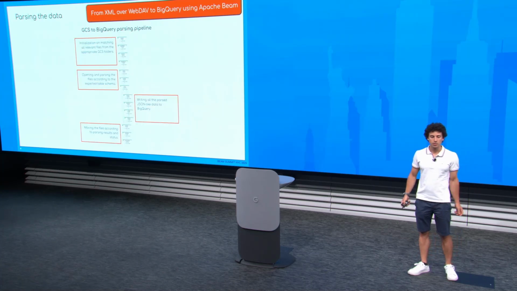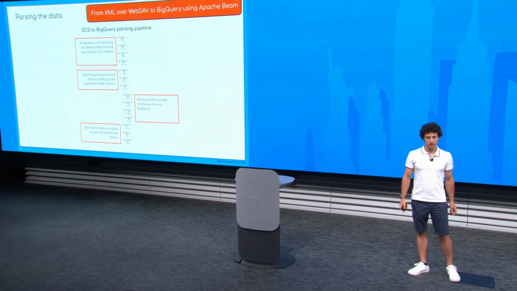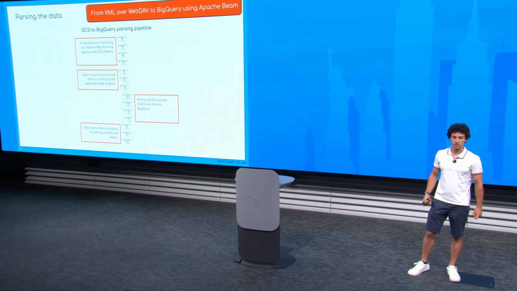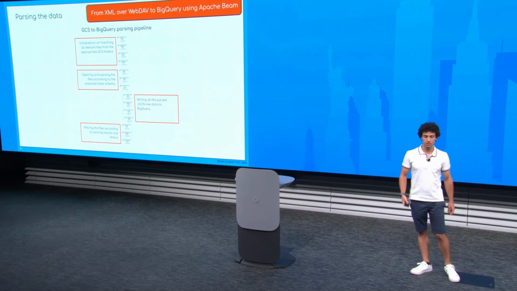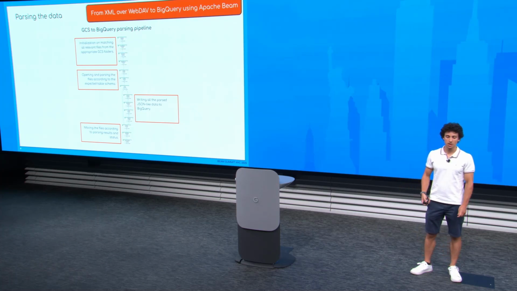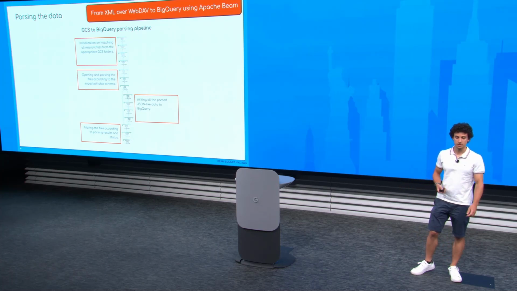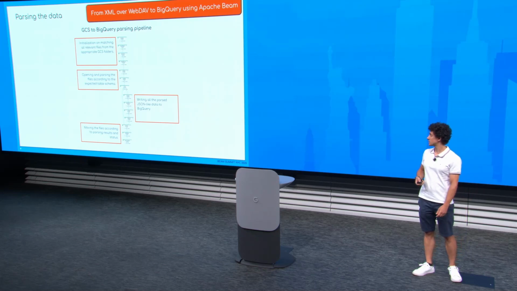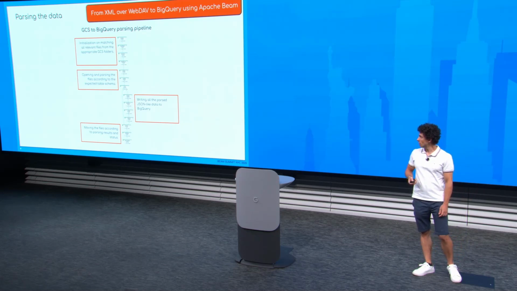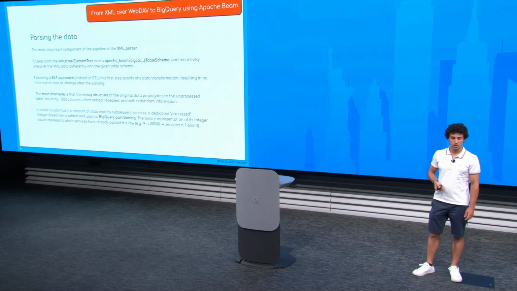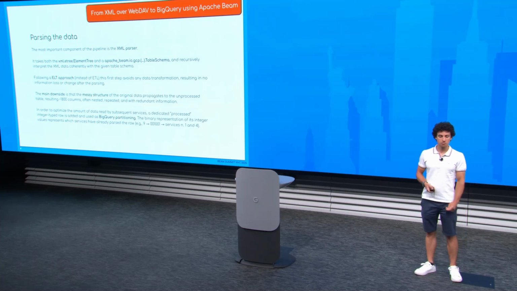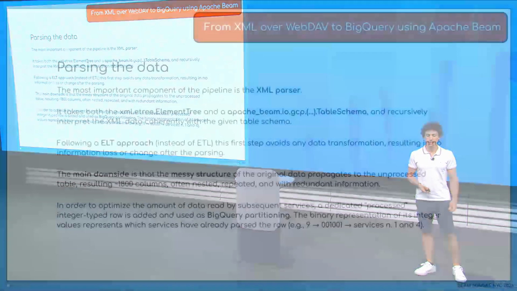So the pipeline is quite straightforward, and just matches all the relevant files from the folders on Google Cloud Storage, and then parses all the files according to the expected table schema. The main part of this pipeline is the XML parser.